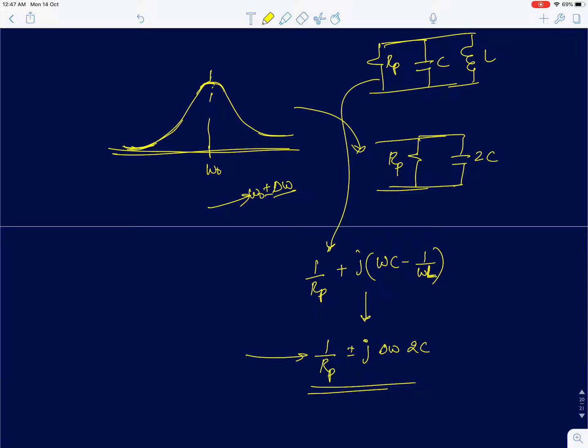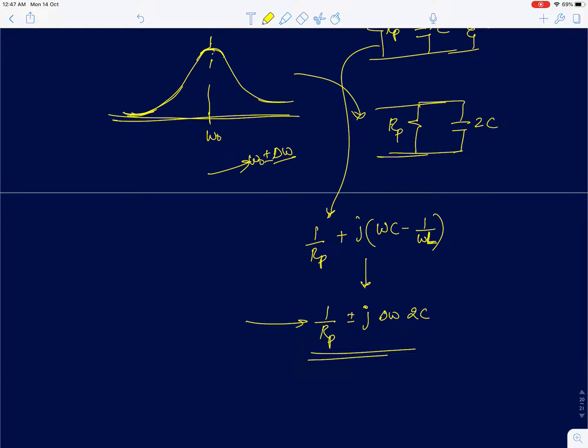So we can very easily show that it reduces to this, which means this looks like a frequency translated response of a parallel RC circuit. The frequency response of a parallel RLC circuit looks like a frequency translated version of the impedance of a parallel RC circuit of value RP and 2C.